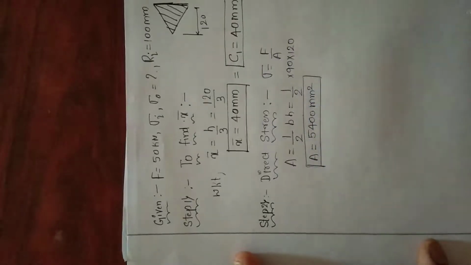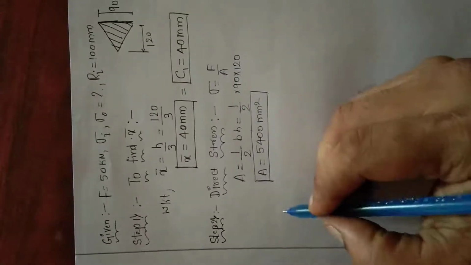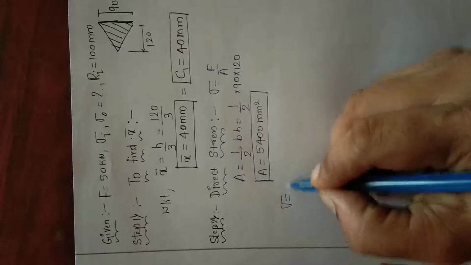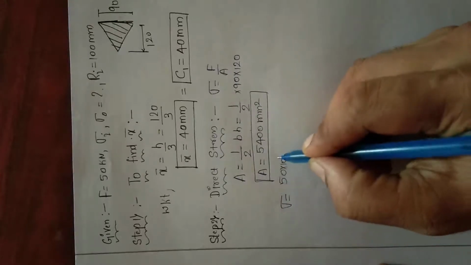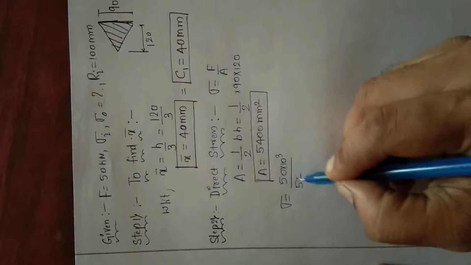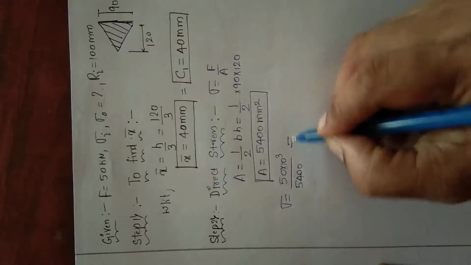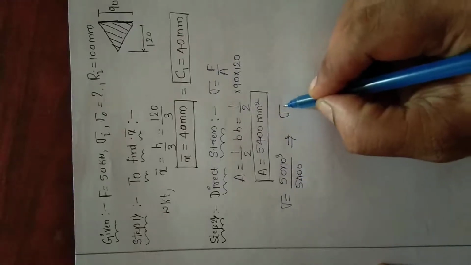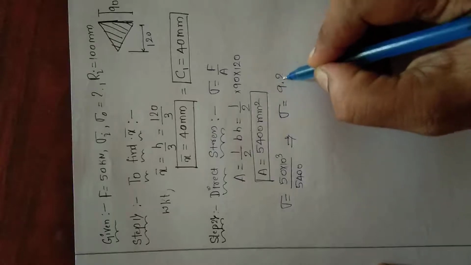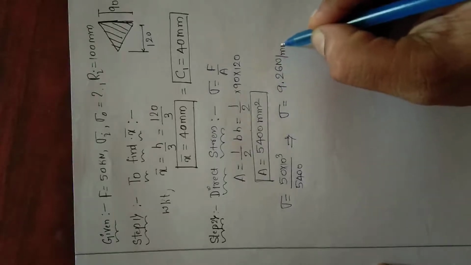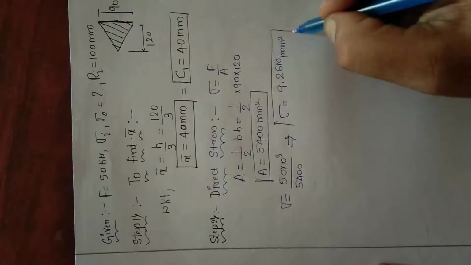Sigma is 50 kilonewton divided by 5400, so the direct stress is 9.26 Newton per mm square.